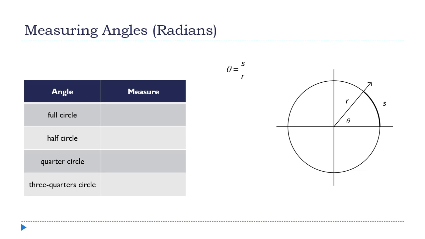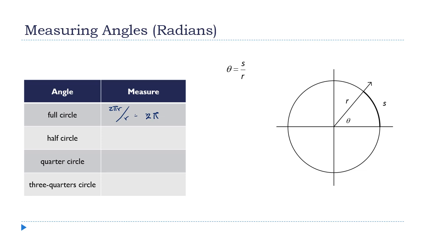So if we divide the arc length, 2 pi r, by r, we get 2 pi. Right? That's the radian measure of a full circle.